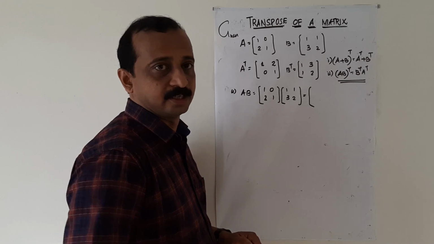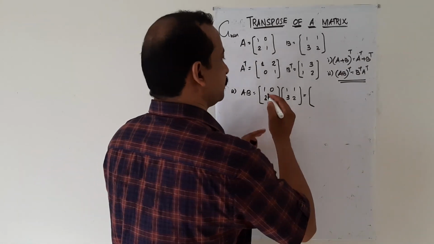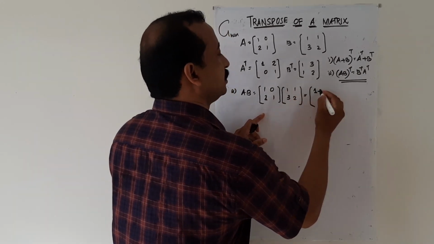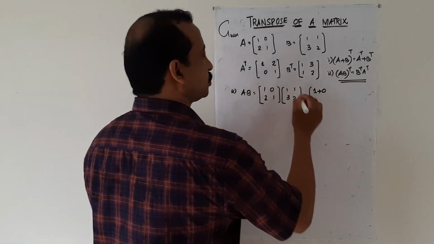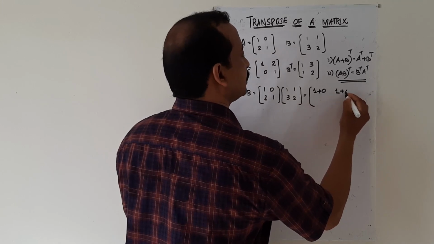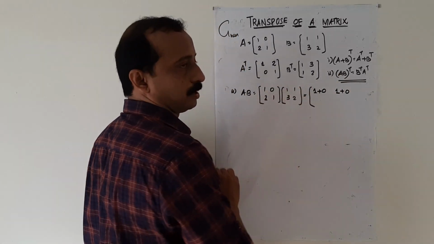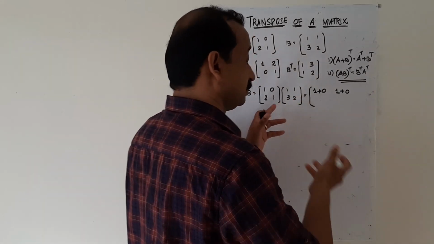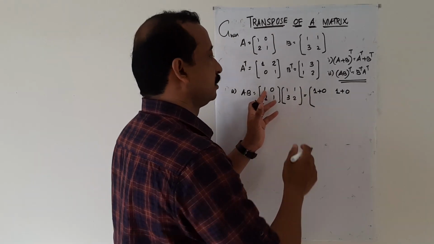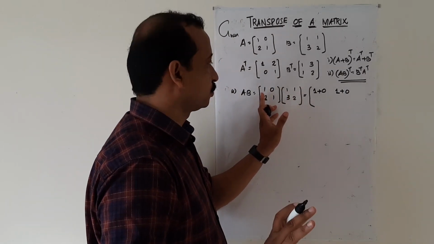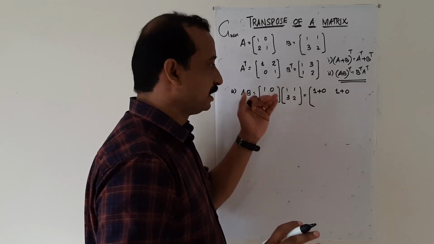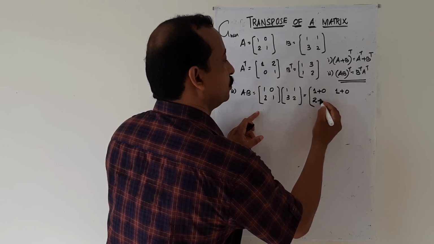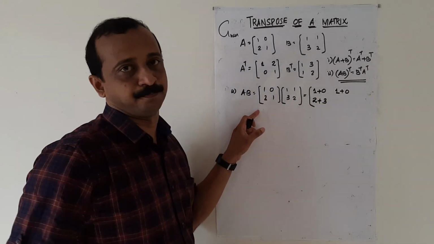Then using matrix multiplication, first row first column, 1 into 1 is 1 plus 0 into 3 is 0. Then first row second column, 1 into 1 is 1 plus 0 into 2 is again 0. Then you select the second row, first column: 2 into 1 is 2 plus 1 into 3 is 3.